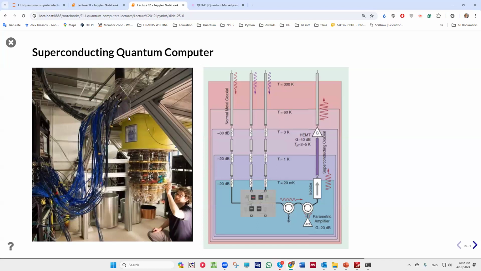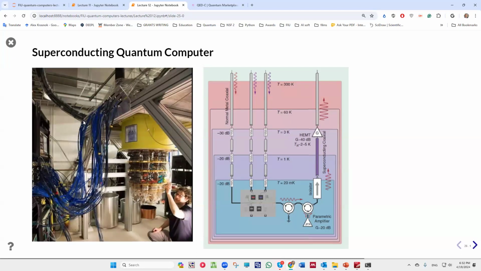The larger the number of qubits, the larger this microwave facility part becomes. For the applications, we need systems with, let's say, hundreds of thousands of qubits, and this quantum computer contains just 50 qubits. 1,000 qubits is much more wiring, much more coax cables, and so on.